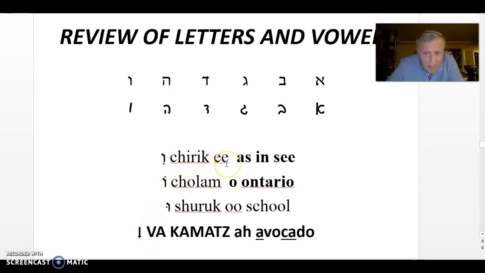It's pronounced E, as in the word see. The next vowel goes above the letter, like above the vav, and it's called cholam, pronounced O, like in Ontario. And the third vowel that we learned so far was U, as in shuruk, U, as in the word school.